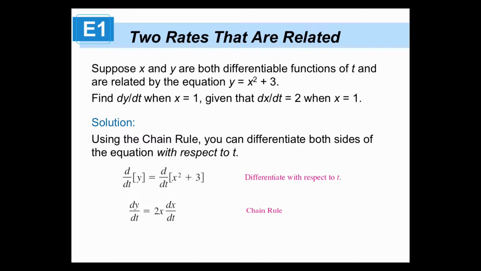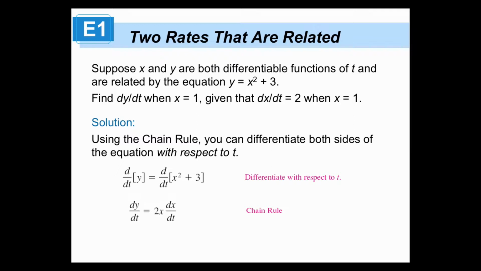Now we look back at the original problem. If there's 3 unknowns, if I'm going to be able to solve that, I have to know at least 2 of the 3 unknowns. Do I know that? Yes. I know x is 1. I know dx/dt is 2. And therefore, I'm looking for dy/dt.